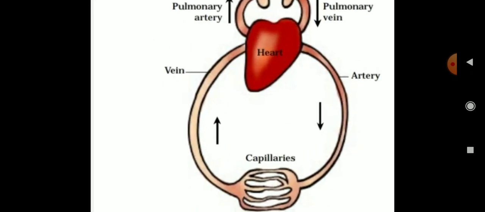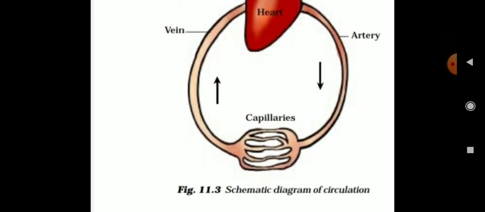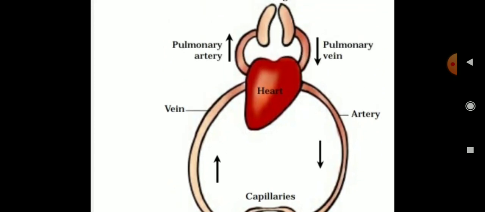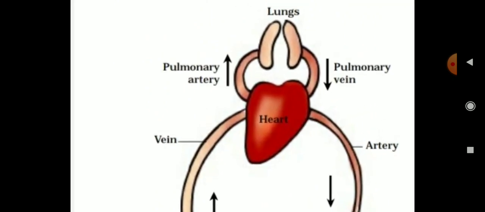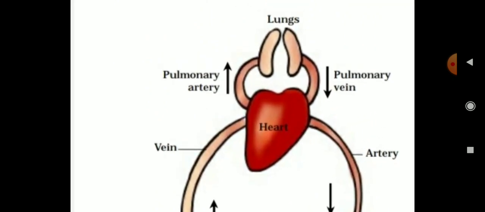Listen, all of you see the picture, schematic diagram of circulation, in your book, page number 123. This one is the lungs. Lungs, pulmonary vein. This side, pulmonary artery.